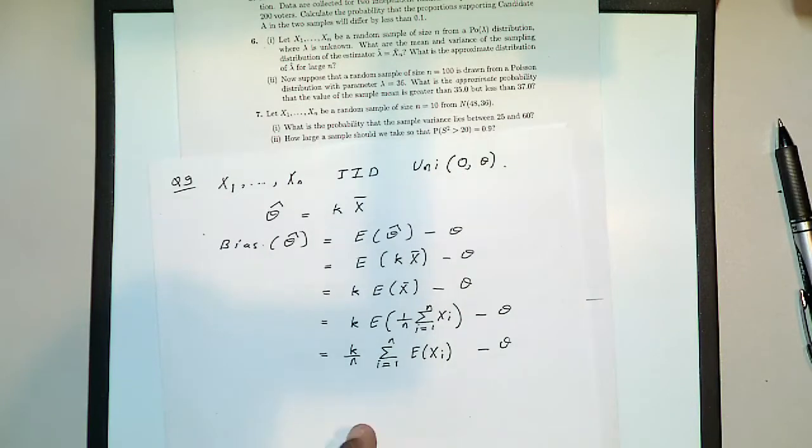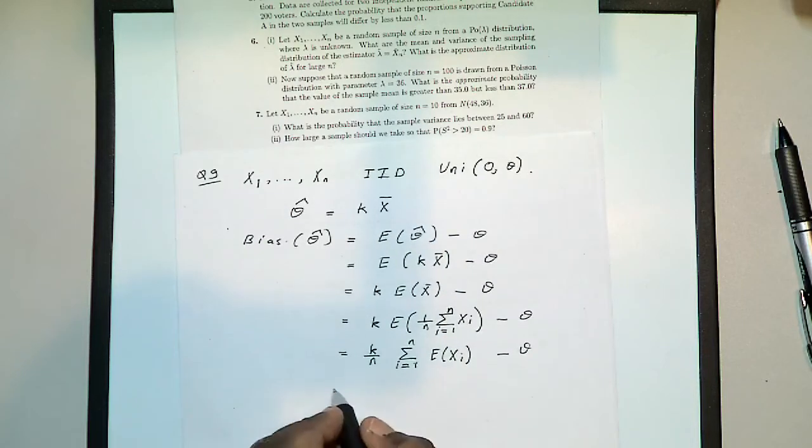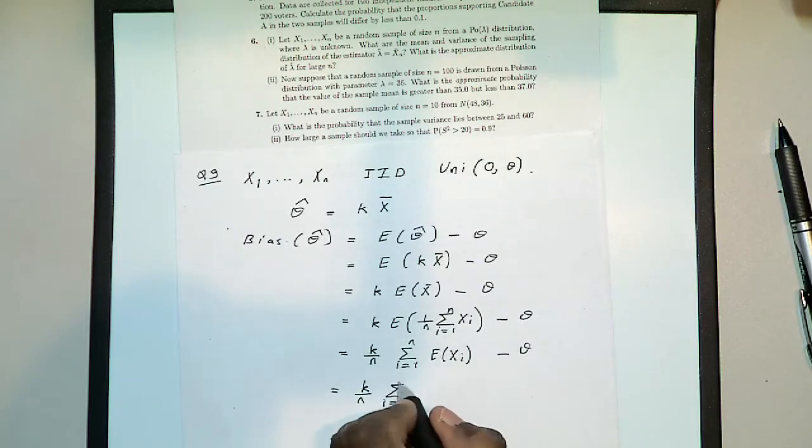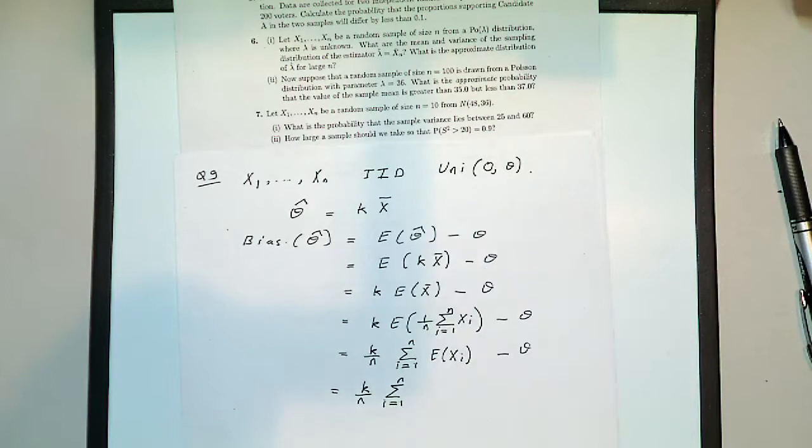Now I'm sure you know from stuff you have done before that if you have a uniform 0 to theta, what's the expectation? Guys?